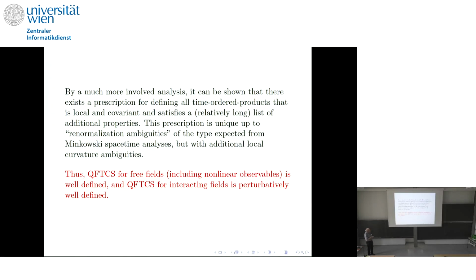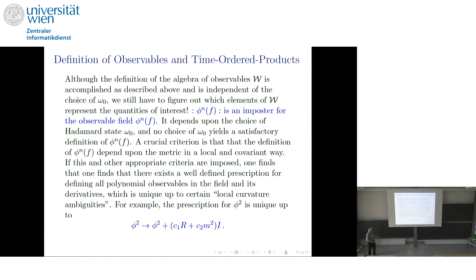So once you've done this, well, quantum field theory in curved space-time for free fields, including nonlinear observables, is well defined, and quantum field theory for interacting observables is perturbatively well defined, up to renormalization ambiguities in the nonlinear observables themselves, which you normally would not consider in flat space-time, where you define this by normal ordering with respect to the vacuum. Oh, I'm probably running close to being out of time.